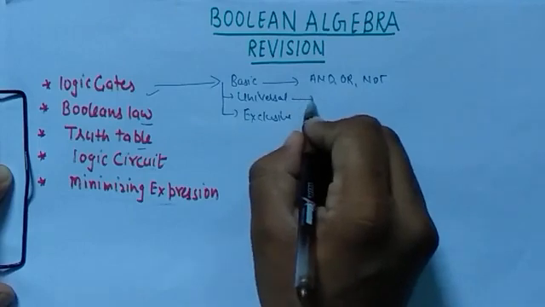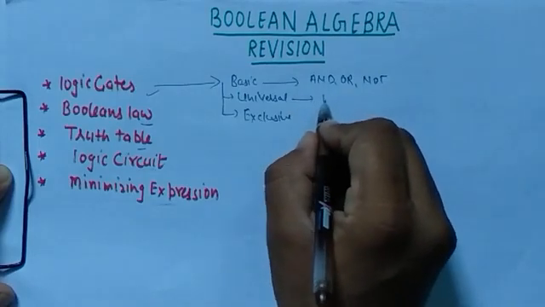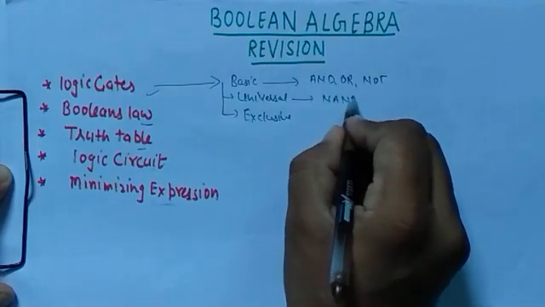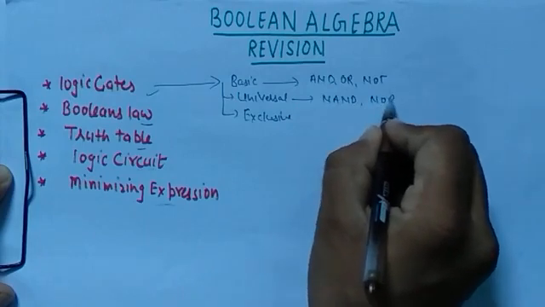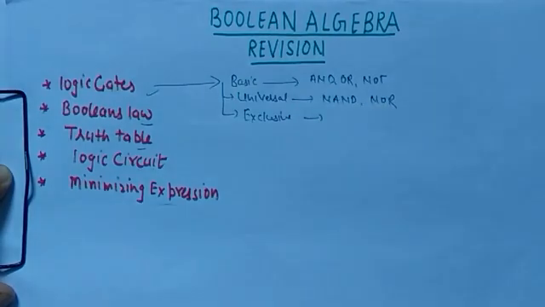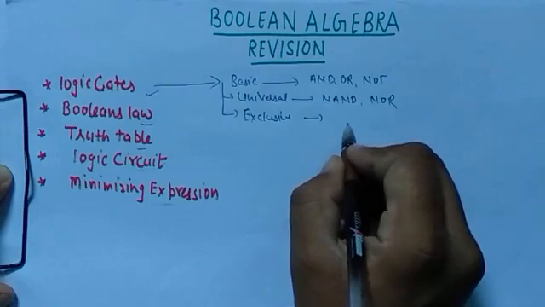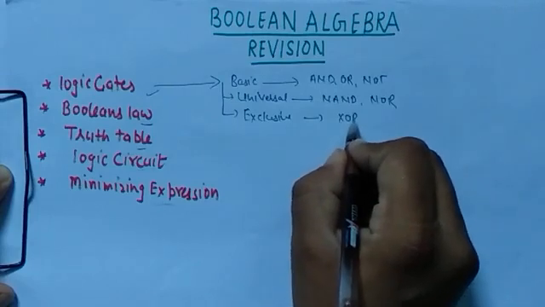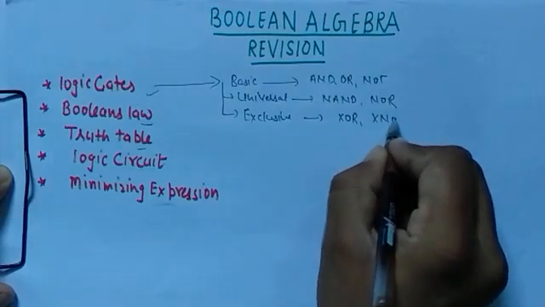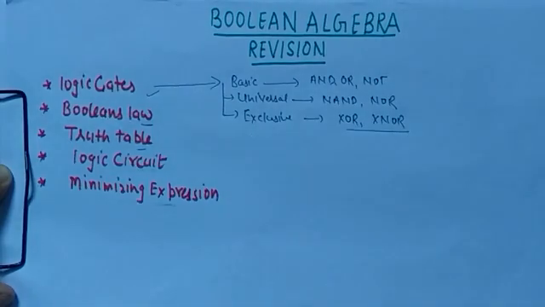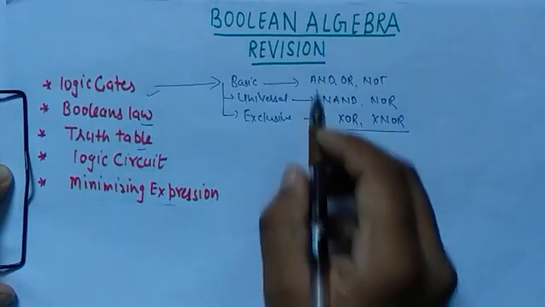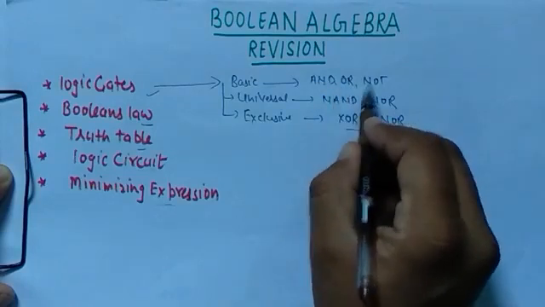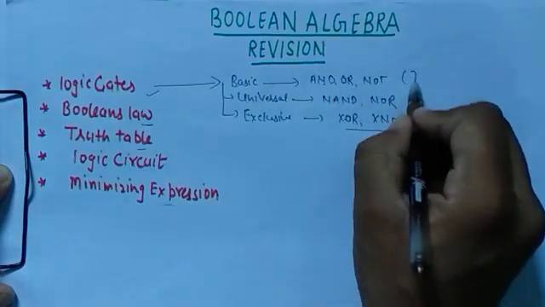And in universal we have 2 gates: NAND and NOR. And in exclusive we have 2 gates: XOR and XNOR. So in total we have 7 gates.